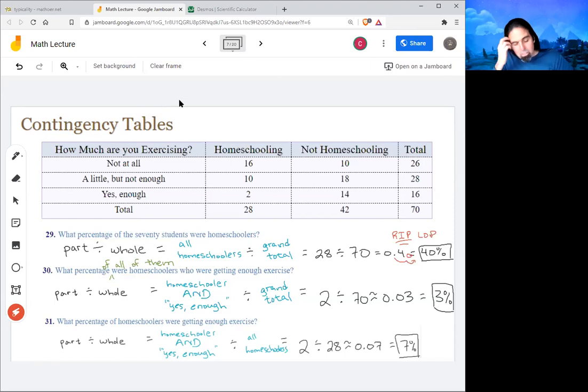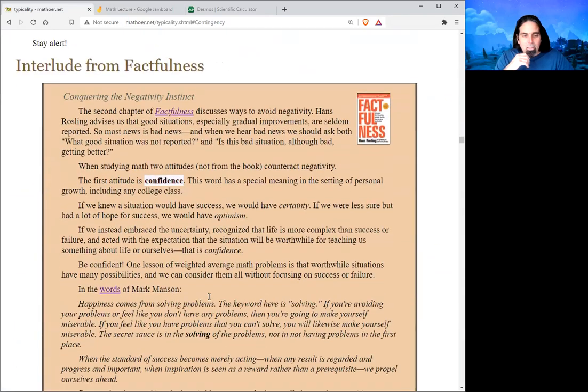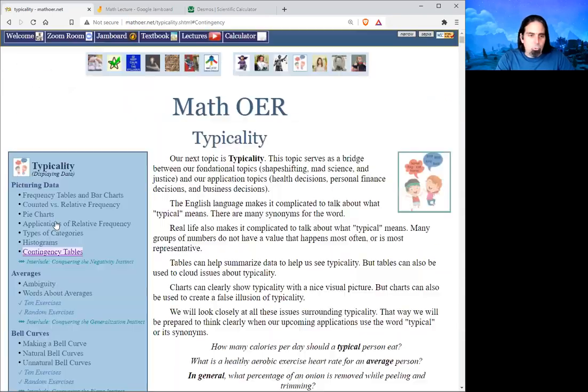Okay, anyway, those are contingency tables. I'm sorry I messed up. That was not good the first time we did it in class, but you can be smarter than me. Or at least more awake. Or both. Okay, and that's pretty much all we need to do with picturing data.